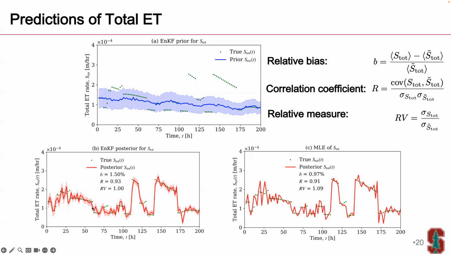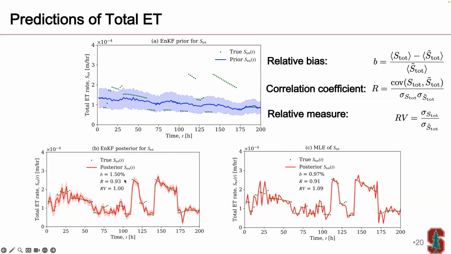And the prediction accuracy is quantified by evaluation metrics such as the relative bias, the correlation coefficient, and the relative measure. We can see here we have a small error bound when using the ensemble Kalman filter, and the relative bias is quite small. Using the ensemble Kalman filter and MLE, they have very comparable evaluation metrics.